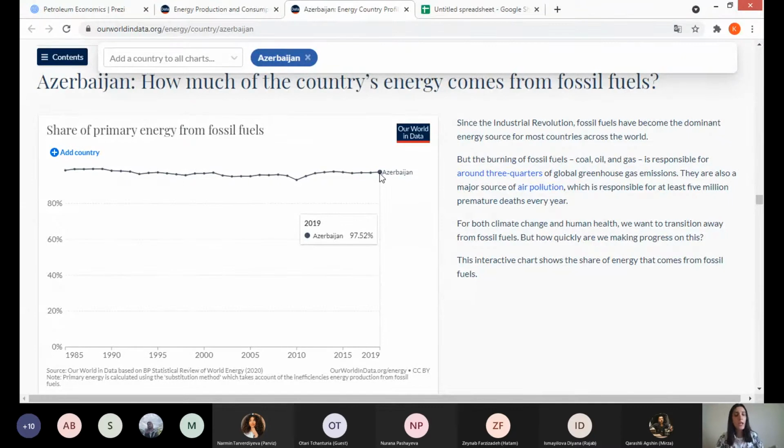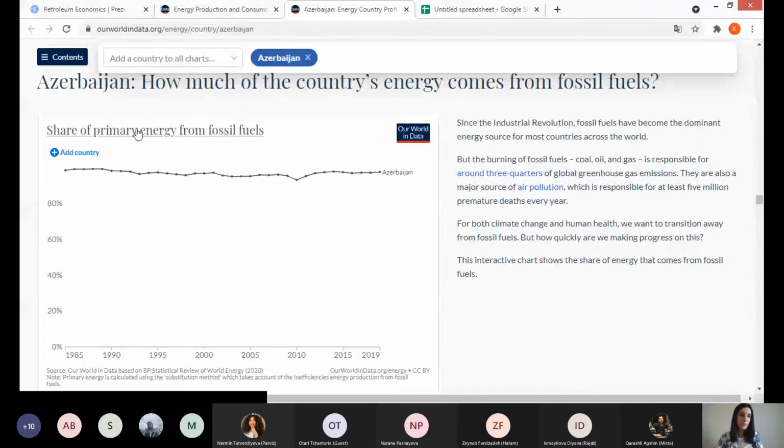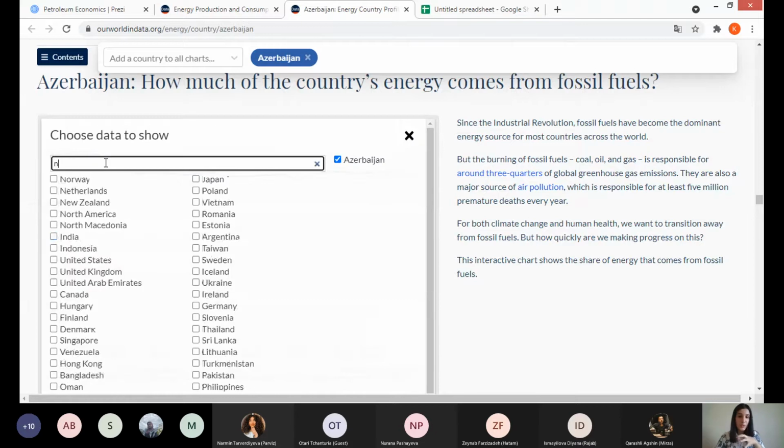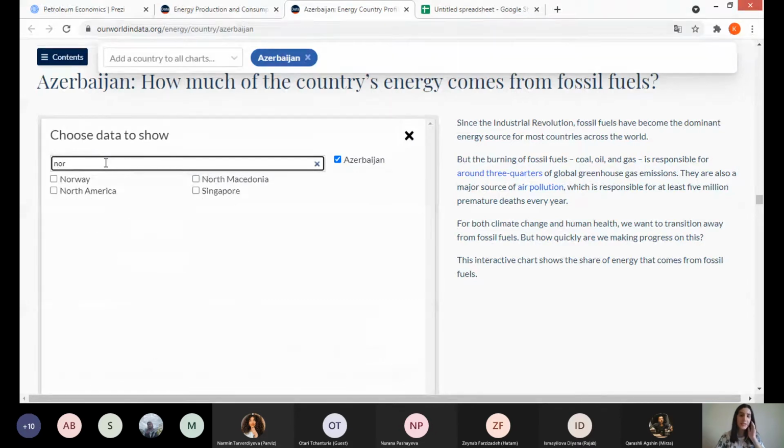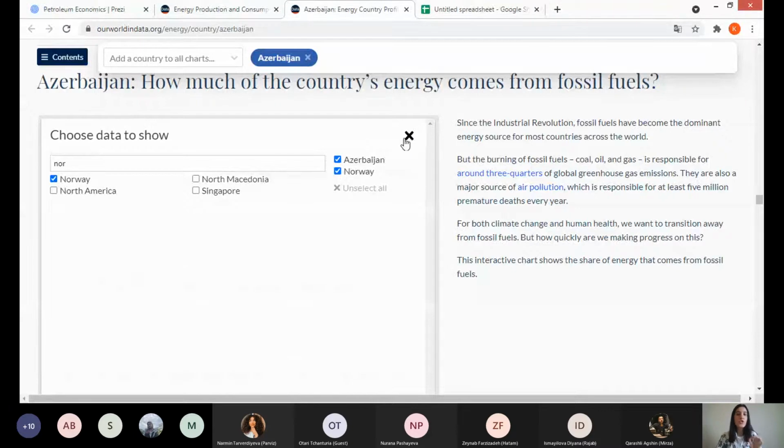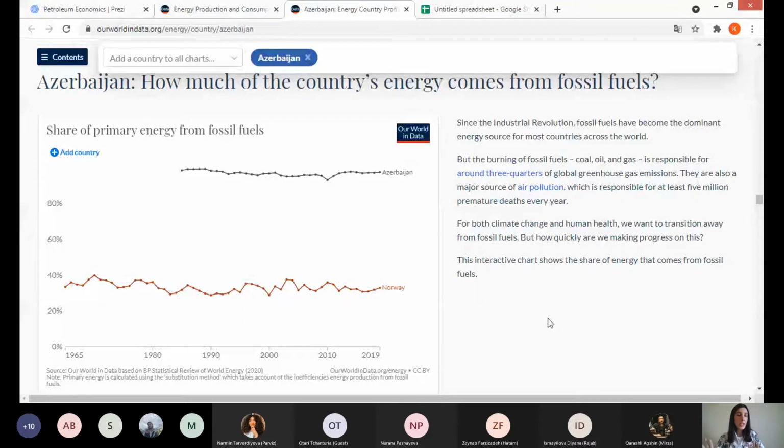If we would like to compare some other country, there's an add country option here. So let's compare with Norway. See, there's a huge difference between them. In 2019 data in Norway, just about 33% of primary energy comes from fossil fuels. Compared with Azerbaijan, this amount is small.